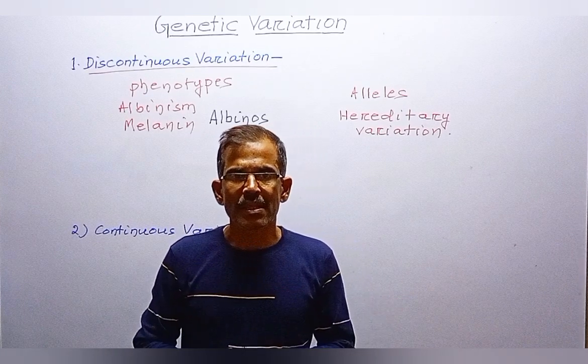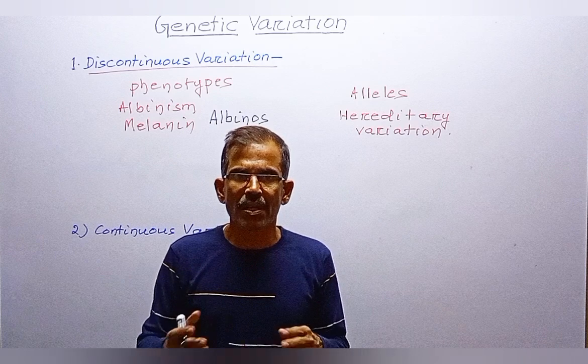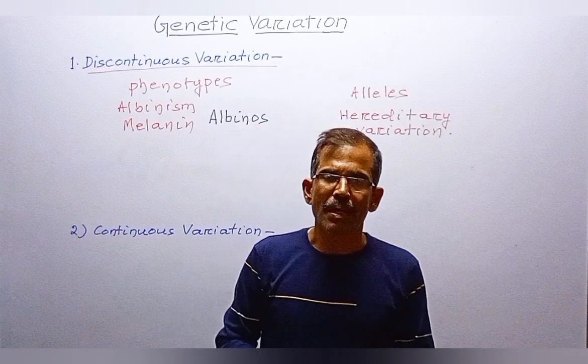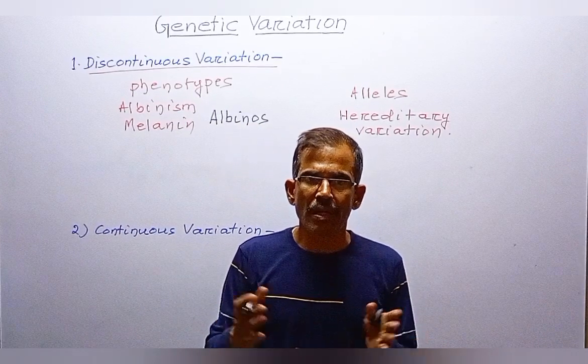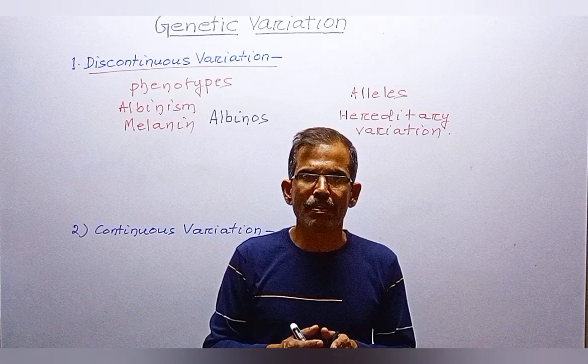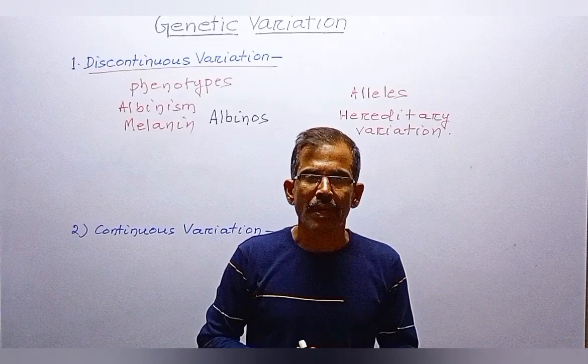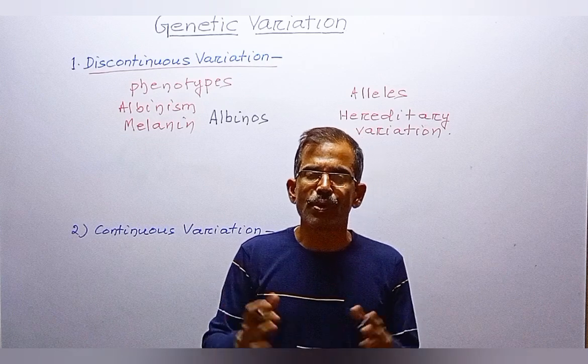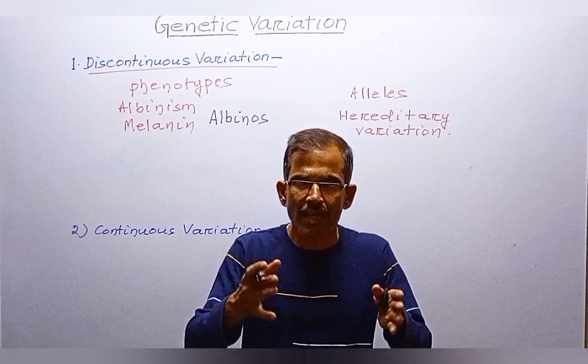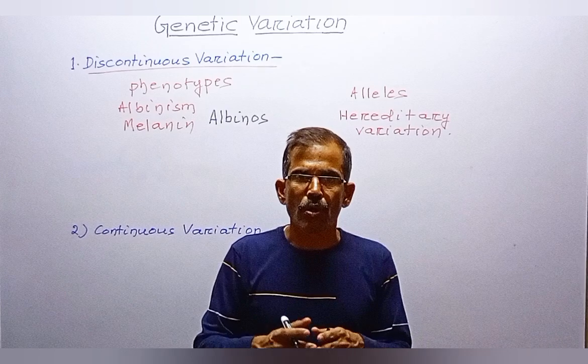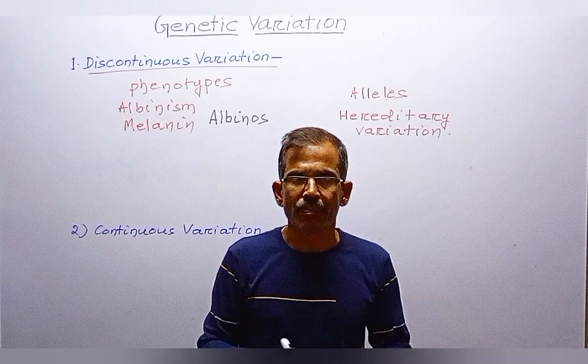In some cases of discontinuous variation, there is a predictable one-to-one relation between the phenotype and the genotype under most conditions. In other words, two phenotypes and their underlying genotypes can almost always be distinguished.